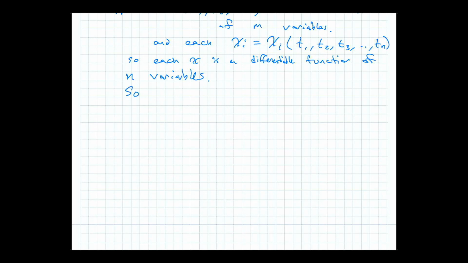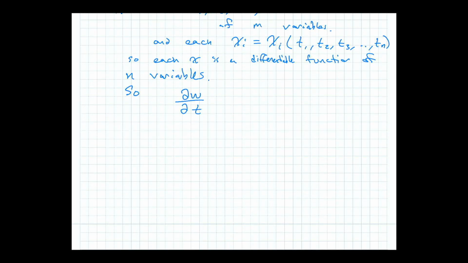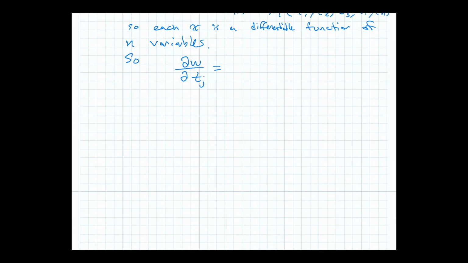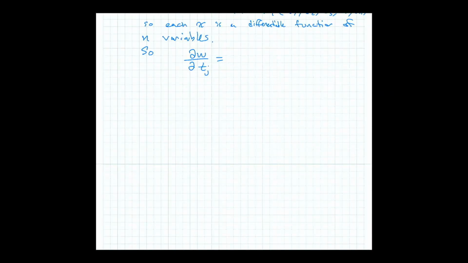They say the partial of w with respect to any of the t's, right? Because I don't know how many t's there are. I see they use a j, so I'll use a j. Equals, and I'm going to fill that in a second, but I want to look at the tree real quick that we would do. The tree looks like this: w, and then from the w you have x1, x2, x3, and that just keeps going until xm.